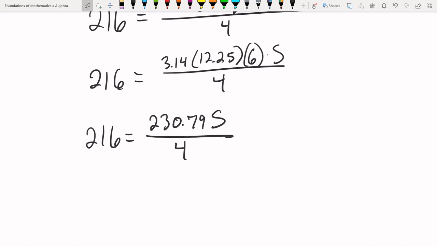Now we can solve this. This is a two-step equation. I'm going to multiply by 4 first to get rid of the denominator.